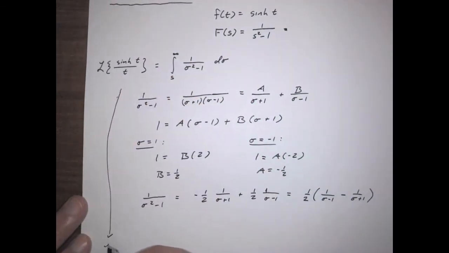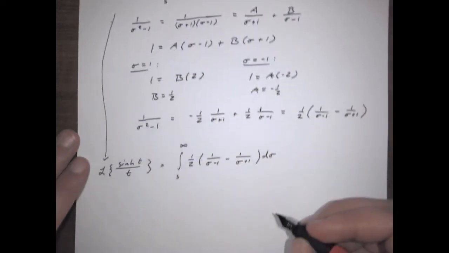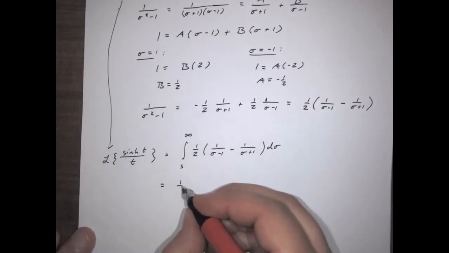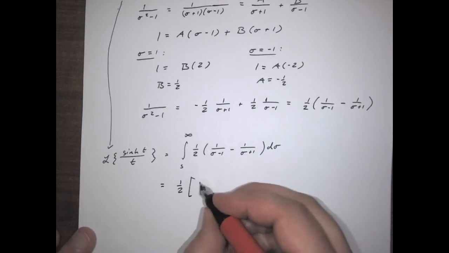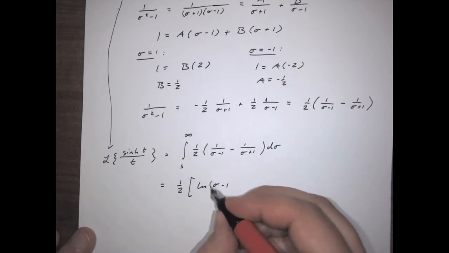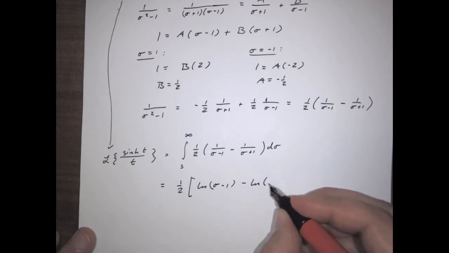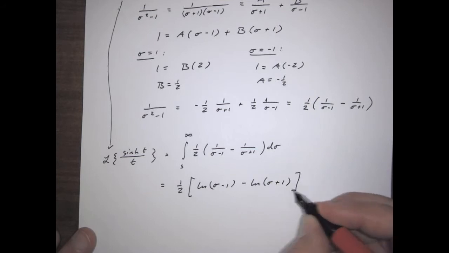So then what this means is that the Laplace transform of sinh t over t is going to equal the integral from s to infinity of 1/2 times 1 over sigma minus 1 minus 1 over sigma plus 1 d sigma, which is going to be 1/2, and then here what we're going to have is the natural log of sigma minus 1 minus the natural log of sigma plus 1, from s to infinity.